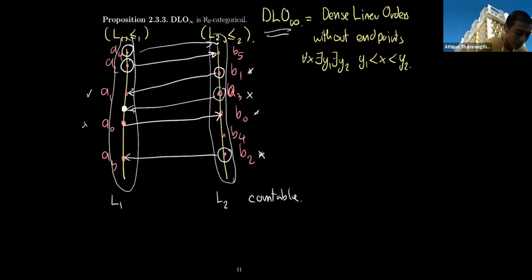And one more interesting fact about DLO infinity is that for any kappa that is uncountable, you can get that DLO infinity is not kappa categorical.